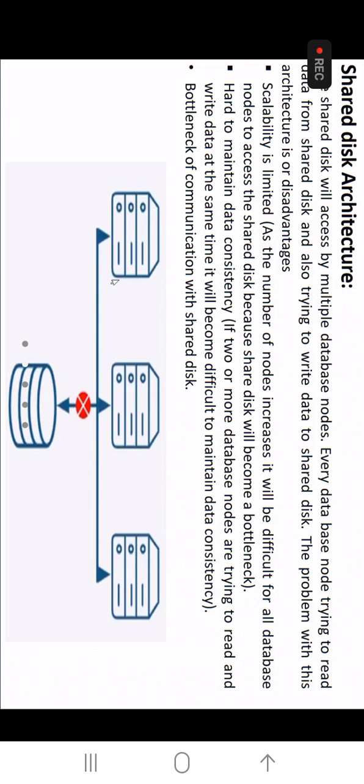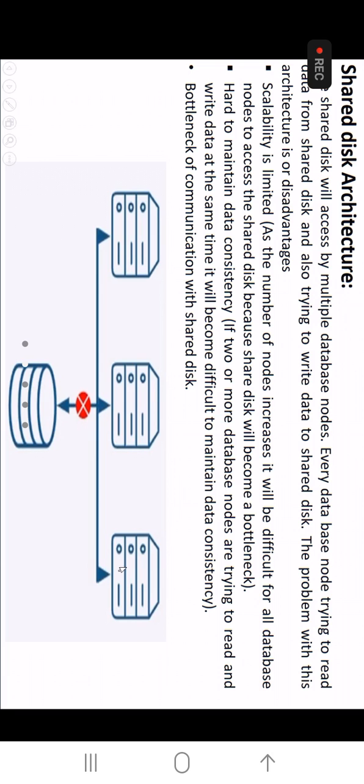Every node is trying to read the data from the shared disk at the same time, and other nodes are also trying to write to the same data on the shared disk. So this node is trying to read the data from the same table, the same data. These different nodes are trying to write some information, which means inserting or updating the information.